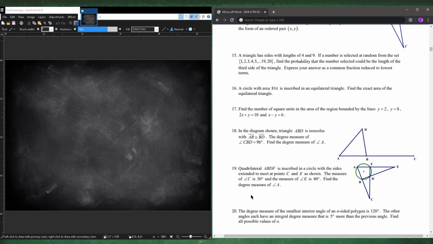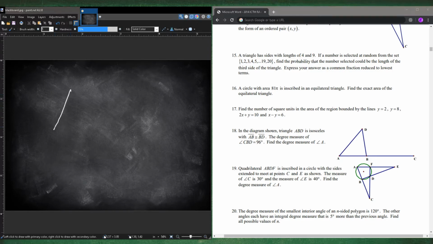18. In the diagram shown, triangle ABC, ABD is isosceles with AB. Okay, so let's draw that out again. They say AB is equal to BD, so these two angles are the same. And the degree measure of CBD is 96.